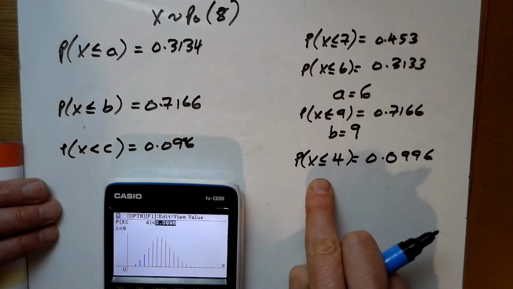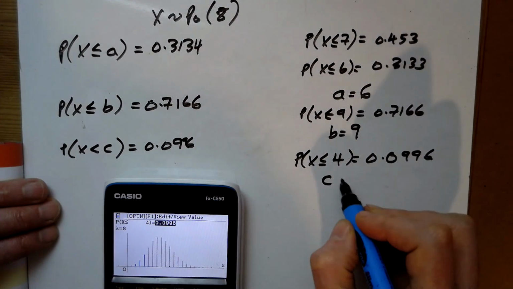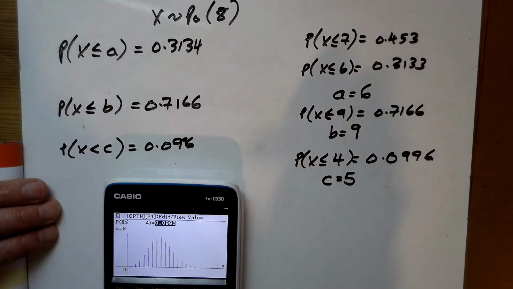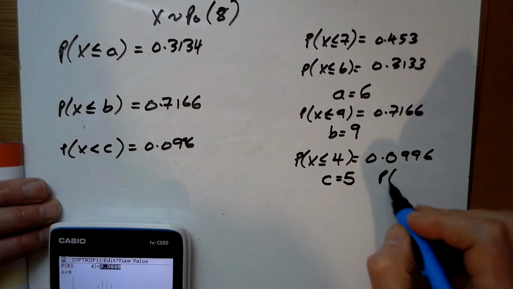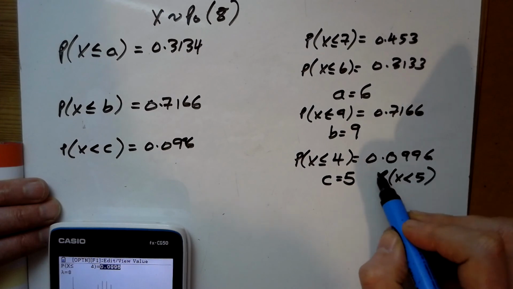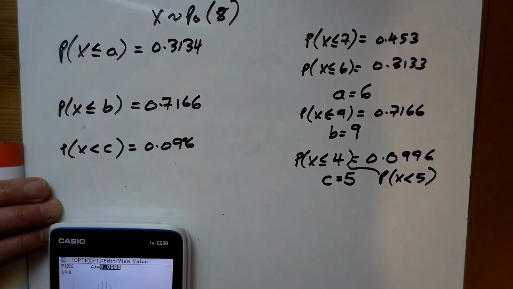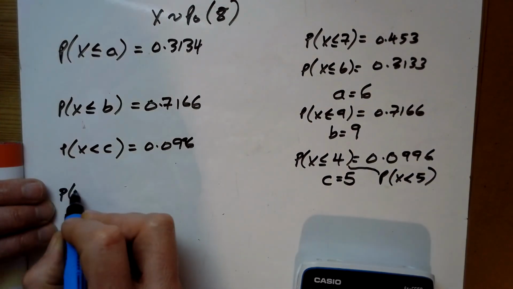But that's less than or equal to 4. And so we want less than, so we'd have to go 1 up from it. So that gives me C as 5. Just think that through a minute. So the probability that x is less than 5, of course, is the same as less than or equal to 4. And they all take a bit of thinking. Don't just jump.